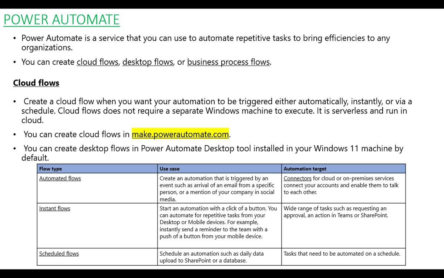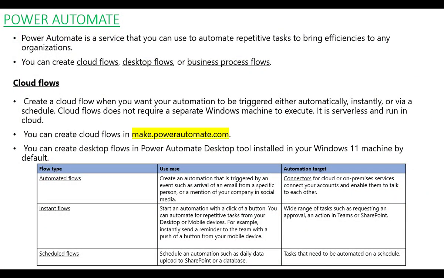We have the cloud flows. Cloud flows basically run in the background. They are serverless and do not require a separate Windows machine to execute. Cloud flows work on the principle of triggers, like when a new file is created in OneDrive, or when a new email arrives in your inbox.